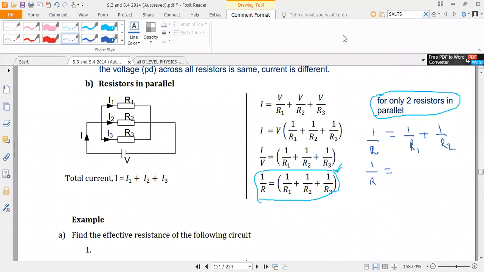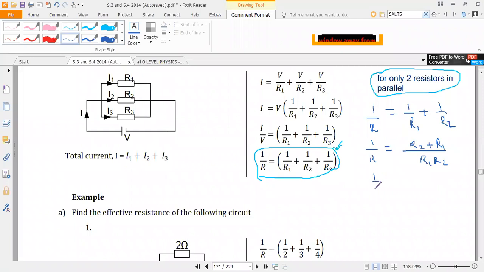When adding this, you take the lowest common multiple of the denominators, so this will be R1 multiplied by R2. Dividing this by this, you get R2, and this is R2 plus R1. So finally, you end up with 1/R is equal to (R2 plus R1) over R1 R2.